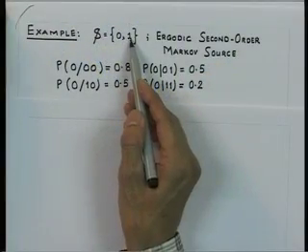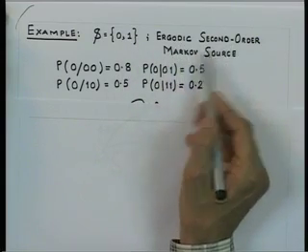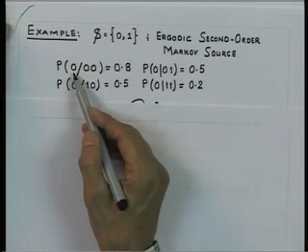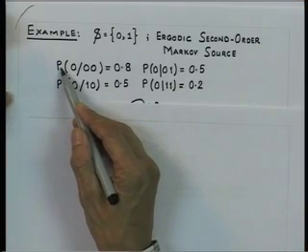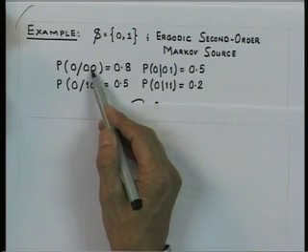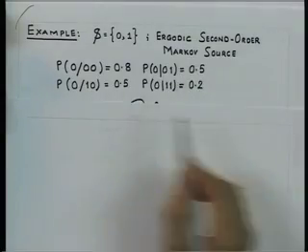Let us assume I have an example given here. I have a binary source, 0 and 1, and this binary source is an ergodic second order Markov source, and the conditional probabilities have been specified. Probability of 0 given 0 0 is 0.8, and the other transitional probabilities have been specified.